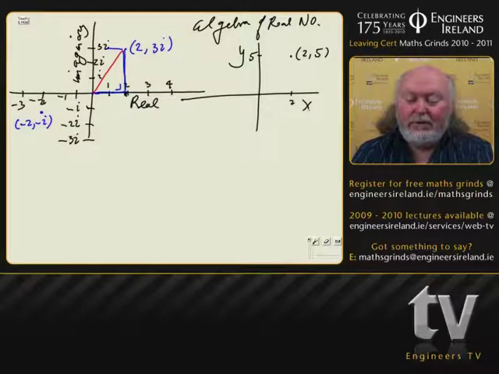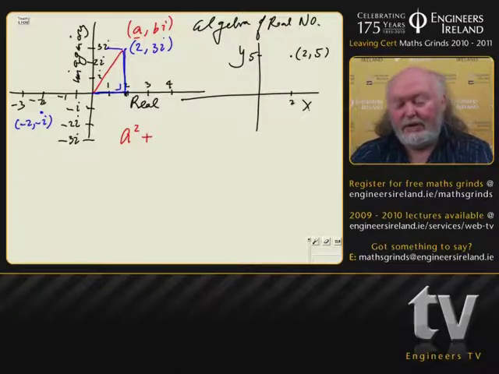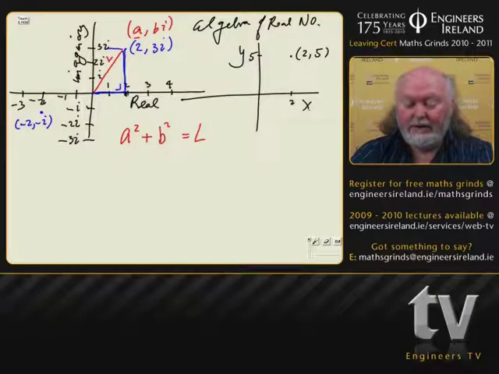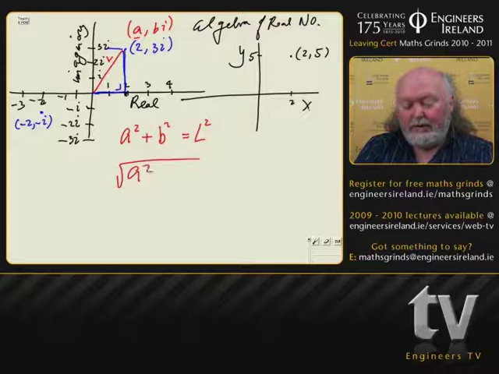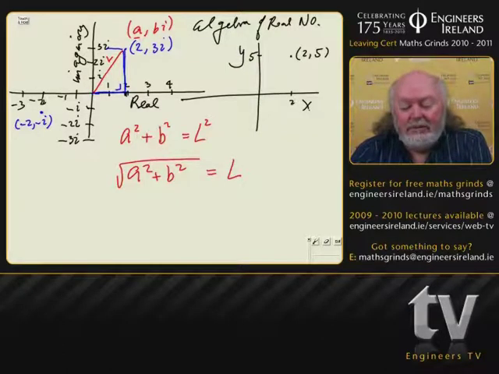So if this number here is a, b, i, we will say to ourselves, okay, a squared plus the length in the imaginary side, which is b squared, has to be equal to, we'll just call it L for the moment, squared. Now, the square root of a squared plus b squared, which we're now saying is L, that length, we want to give a meaningful name to this.